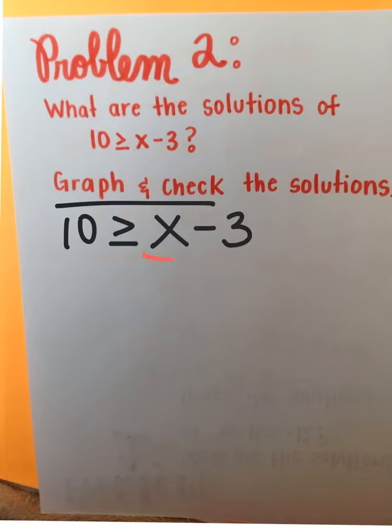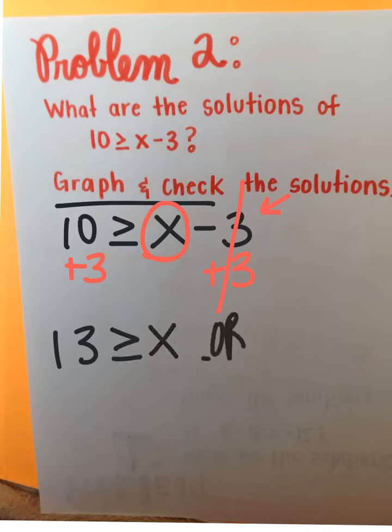Remember, I need to isolate X. So how do I get rid of this subtraction of 3? I need to undo it, I need to do the opposite. So I'm going to add 3 to each side. My 3's will cancel out, and I'll be left with 13 is greater than or equal to X, or we can rewrite it as X is less than or equal to 13.